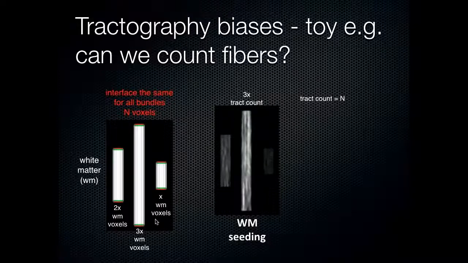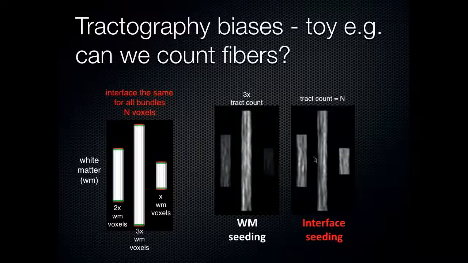So one quick fix is to seed the interface. Imagine the same configuration here, but all we seed is the white matter, gray matter interface, these red voxels. If you put seeds just here, you can imagine that all these three bundles will have the same track count, just by changing the way you seed.